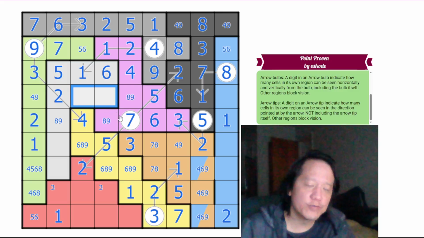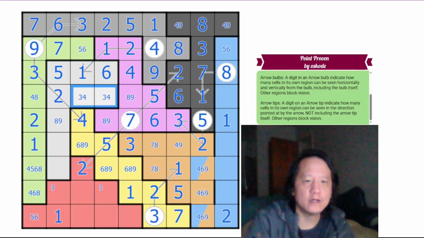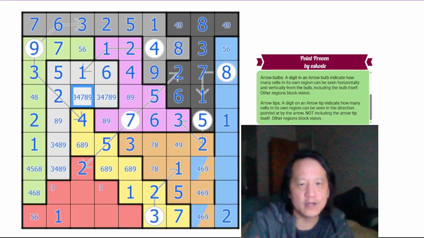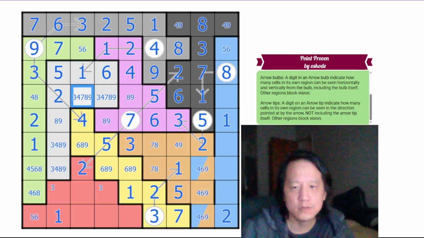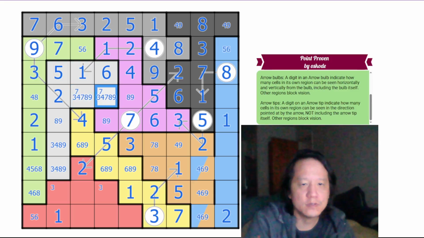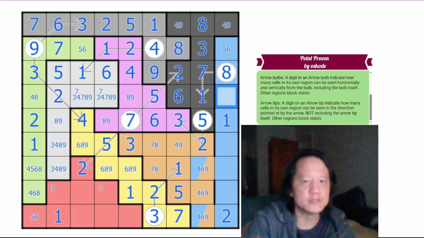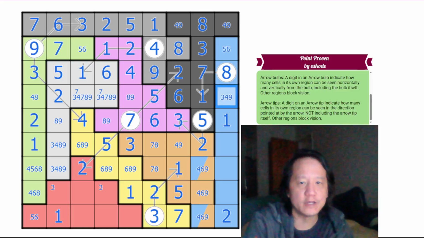We have 3, 4, 7, 8, 9. And obviously these can't be 7 because of 7 in the column. So 7 has to be one of these two. We also have 3, 4, 7, 8, 9 in row 4. But this can't be 7 or 8, so this is 3, 4, or 9 here.